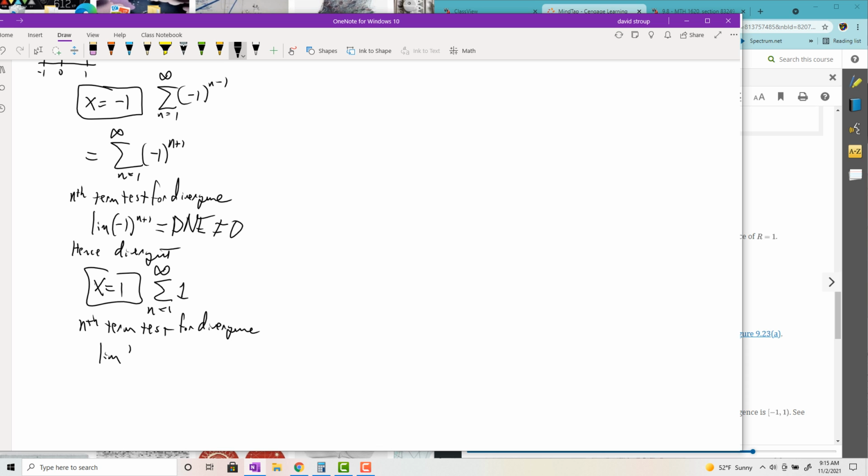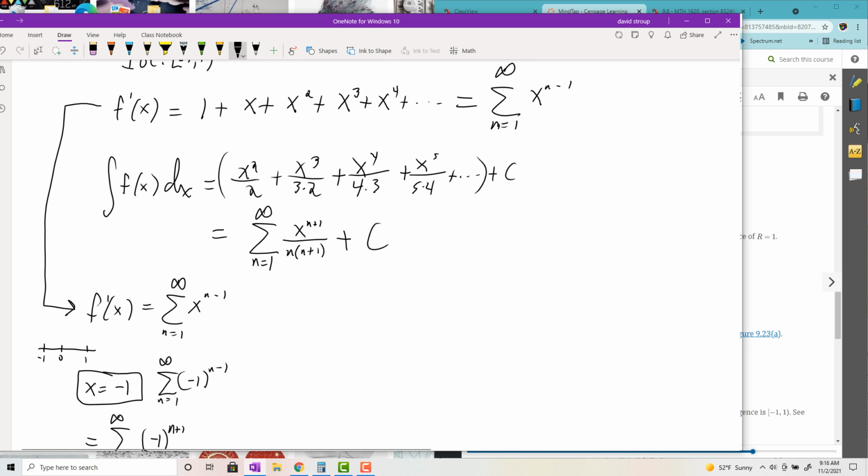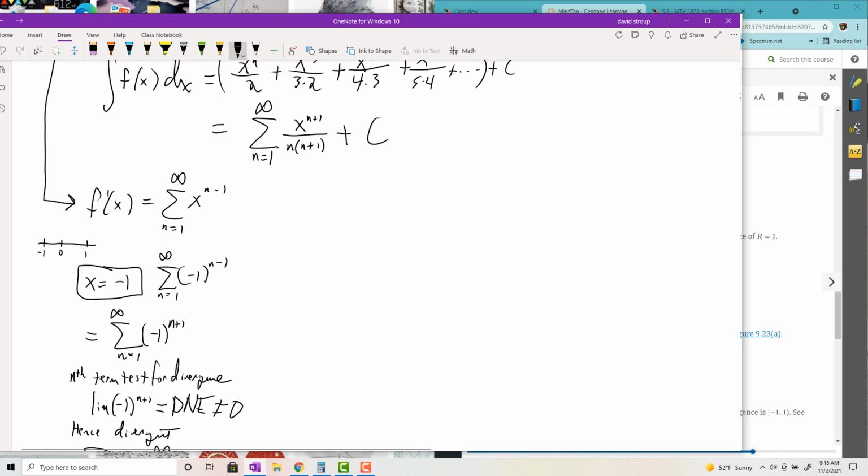So we have the limit of 1 equals 1, which of course is not 0, hence it's divergent. And then the interval of convergence for f prime will just be open parentheses -1 to 1, so you don't include the endpoints.